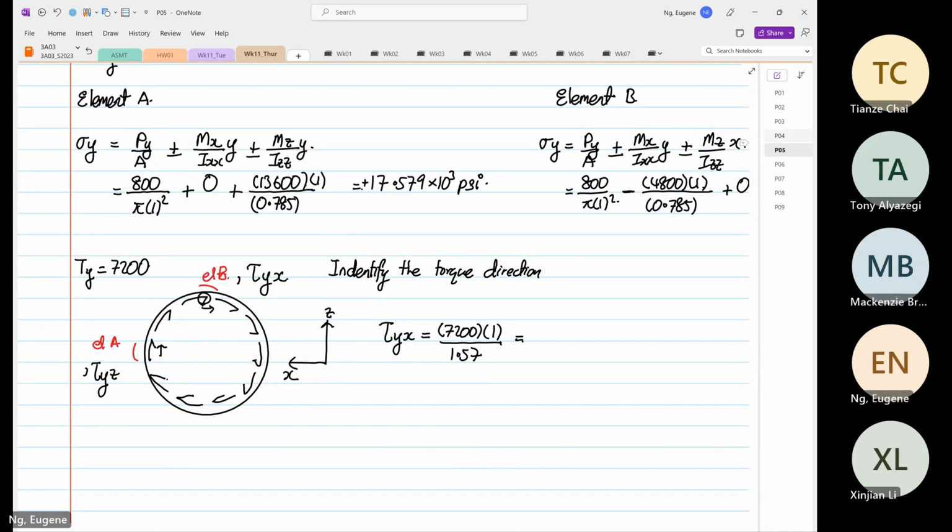So this is shear XY or shear YX for element B. So 7200 divided by 1.57 is 4.586 times 10 to the power 3 psi, and the direction you draw this way.